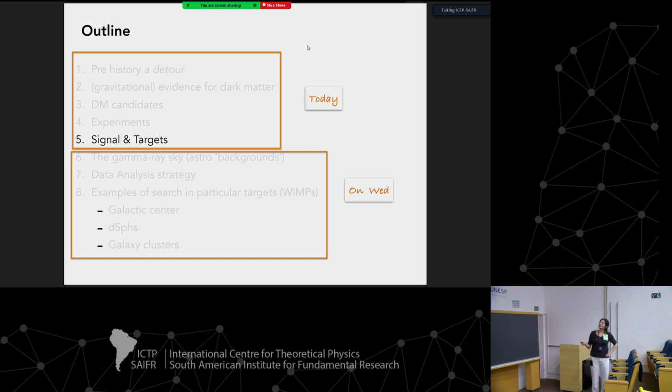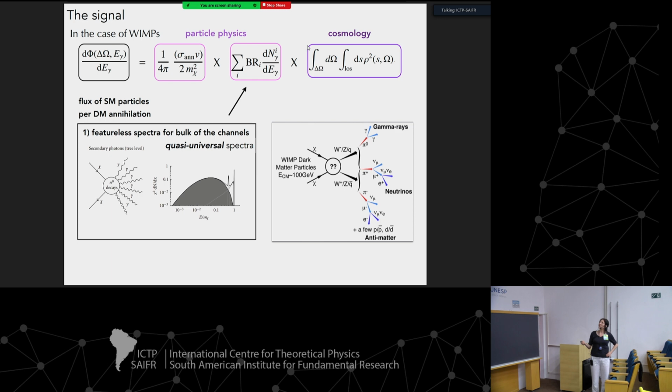So then what are the expected signals and targets where we usually look for dark matter? For the signal, I already sort of discussed this, that for the flux in gamma rays, you have the part that comes from particle physics and the part that comes from dark matter distribution. The part that comes from particle physics, basically, the cross-section is something that you want to determine, cross-section and mass. But you have to put in your analysis what spectra of dark matter you expect.